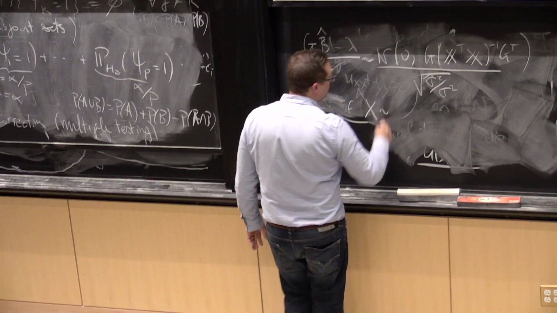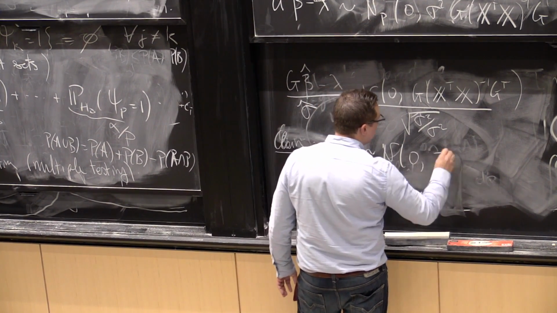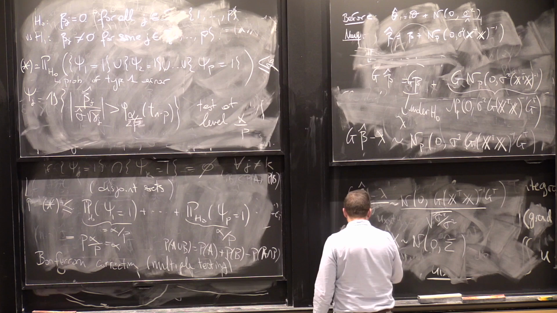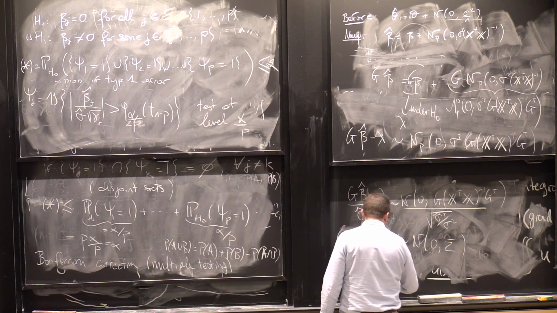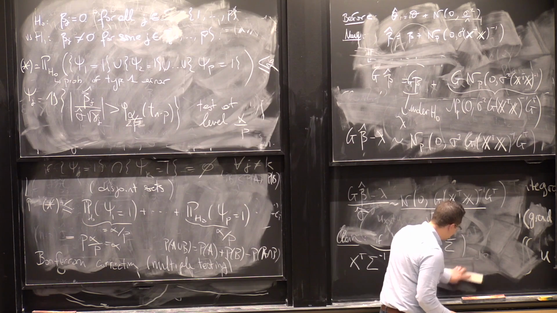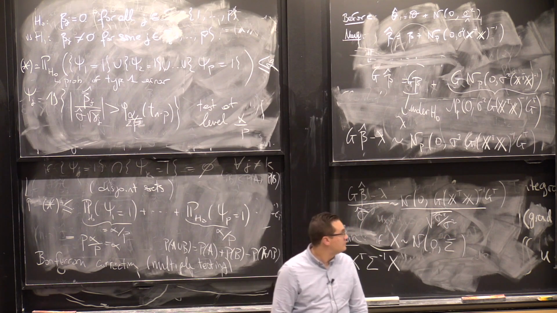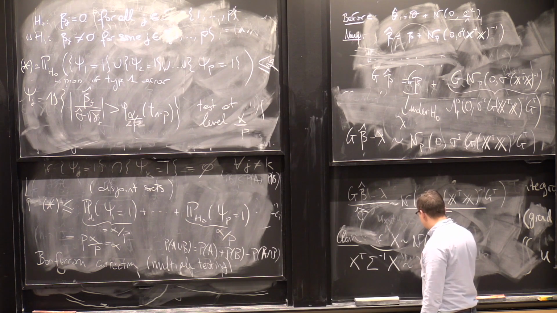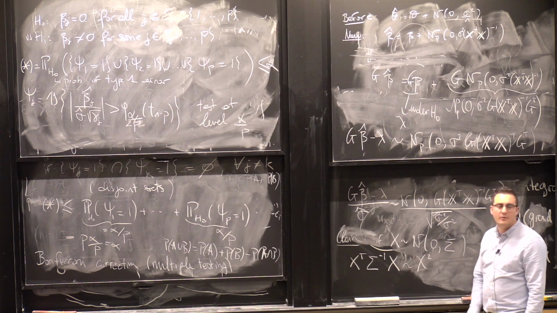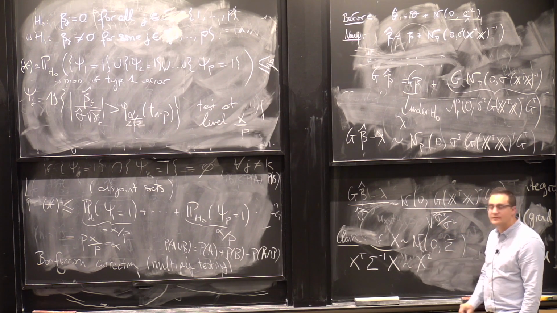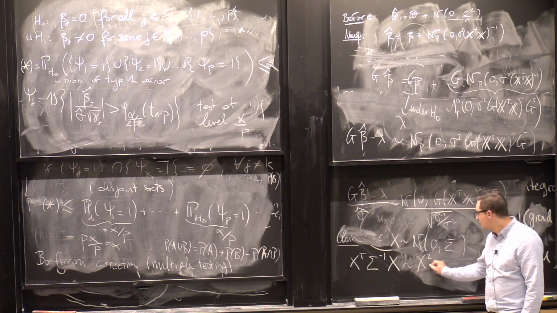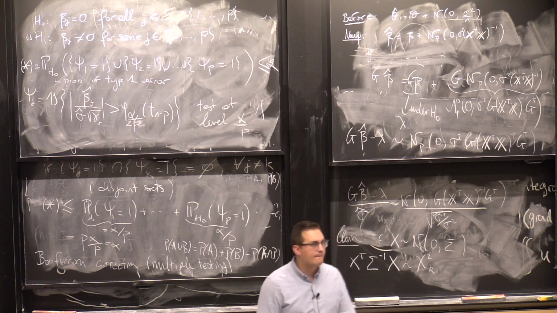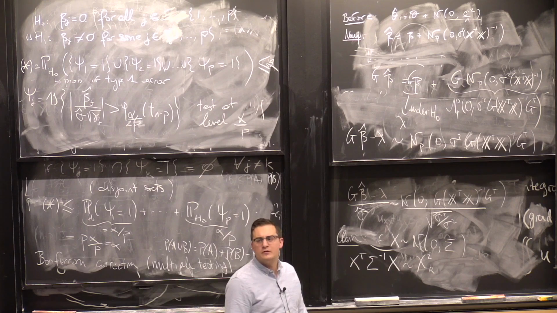If x follows some N(0, sigma), then x transpose sigma inverse x follows some chi squared. And here, it's going to depend on the dimension. So if I make this a k-dimensional Gaussian vector, this is chi squared k. OK? Where have we used that before?